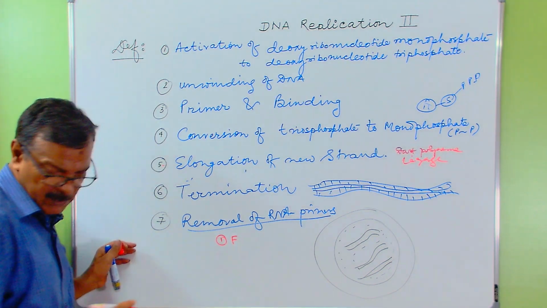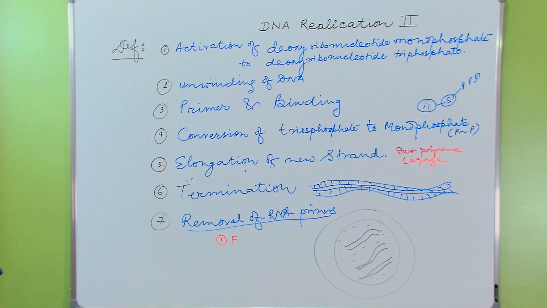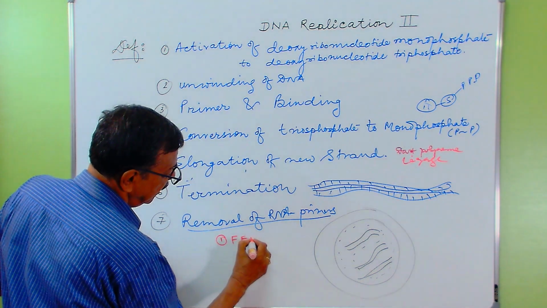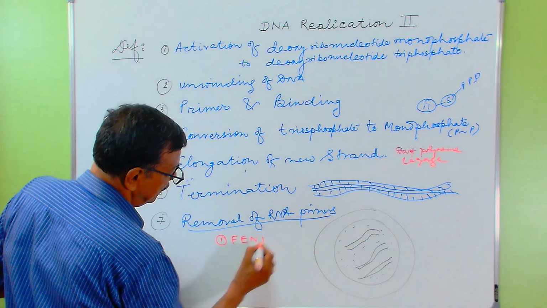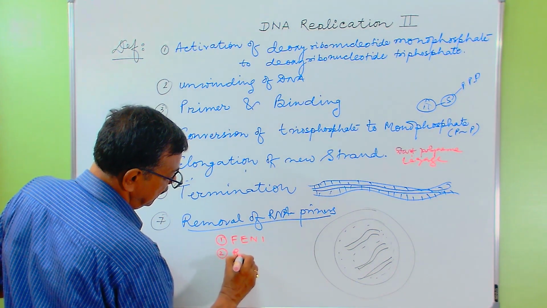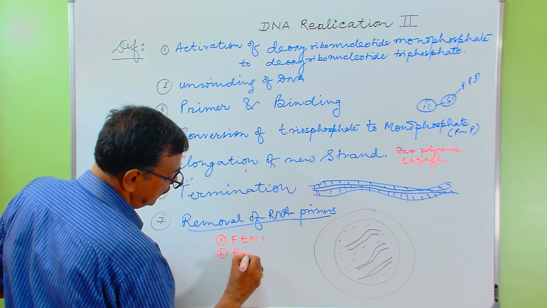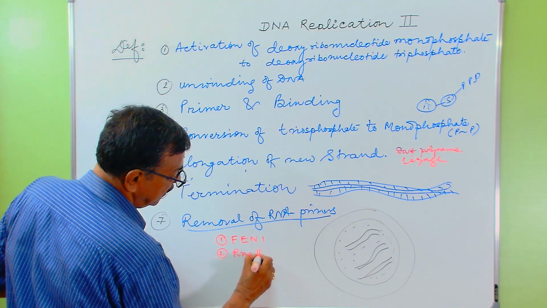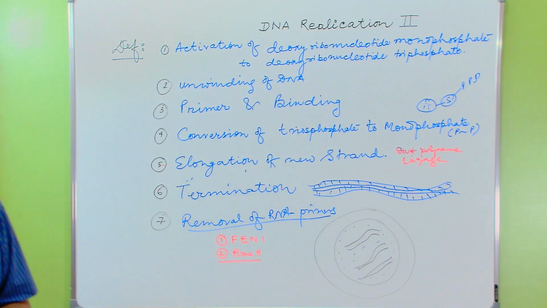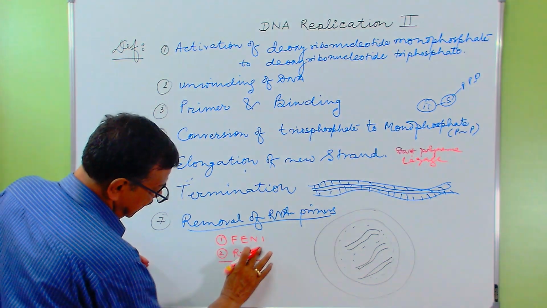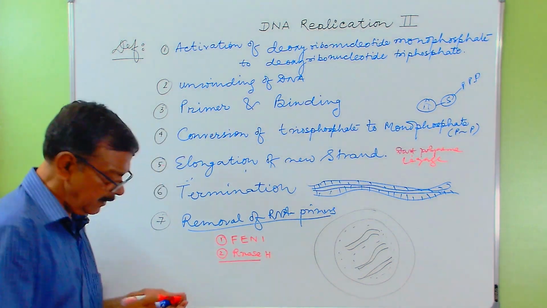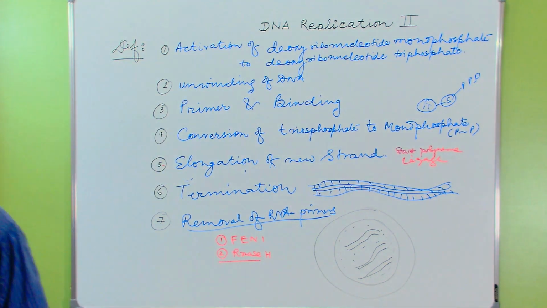FEN1, number 1, and number 2, RNase H. These 2 enzymes you should indicate.